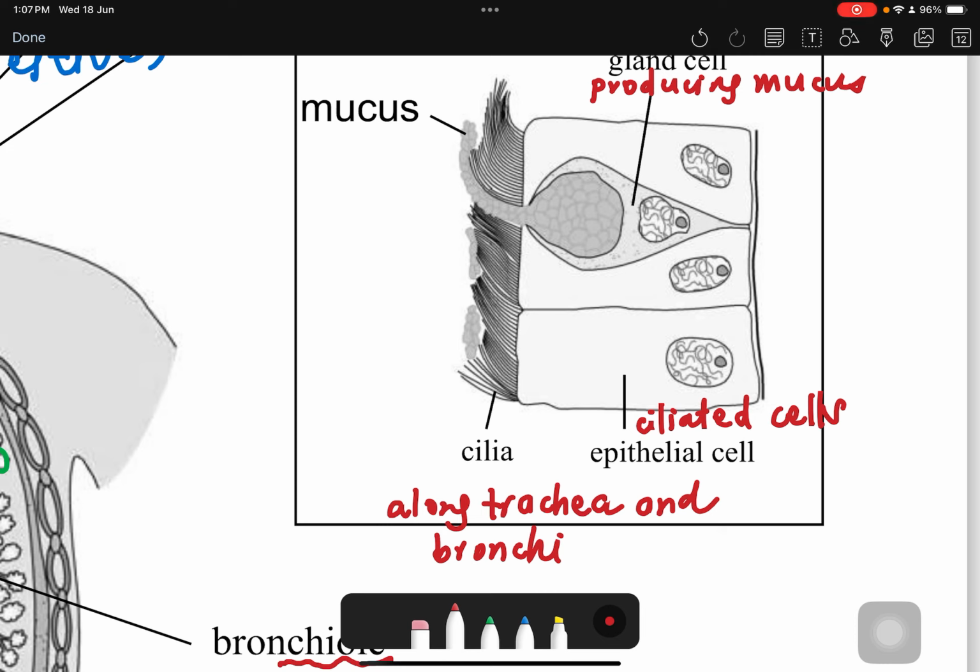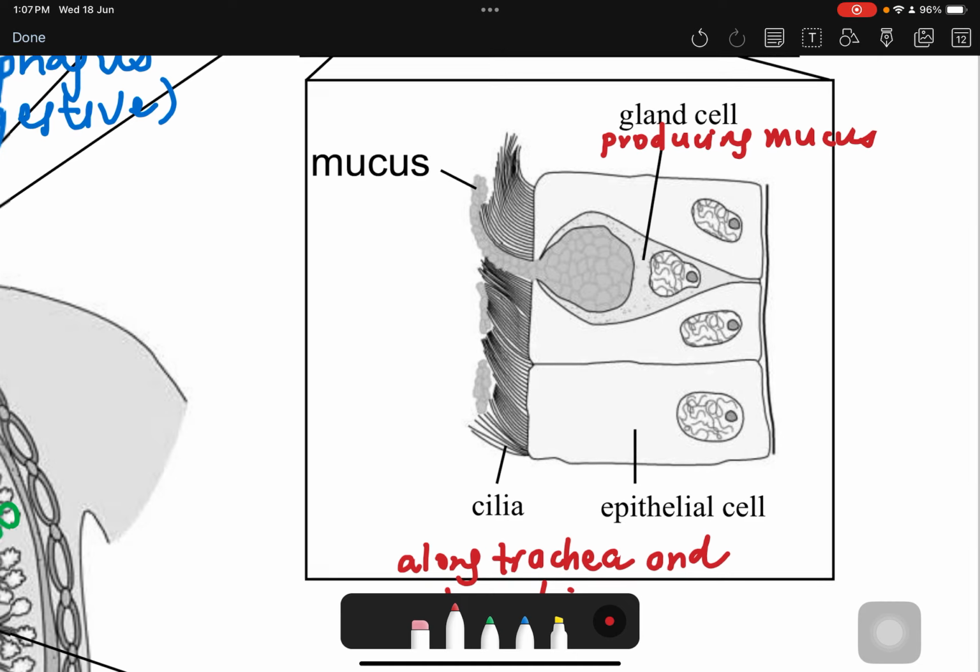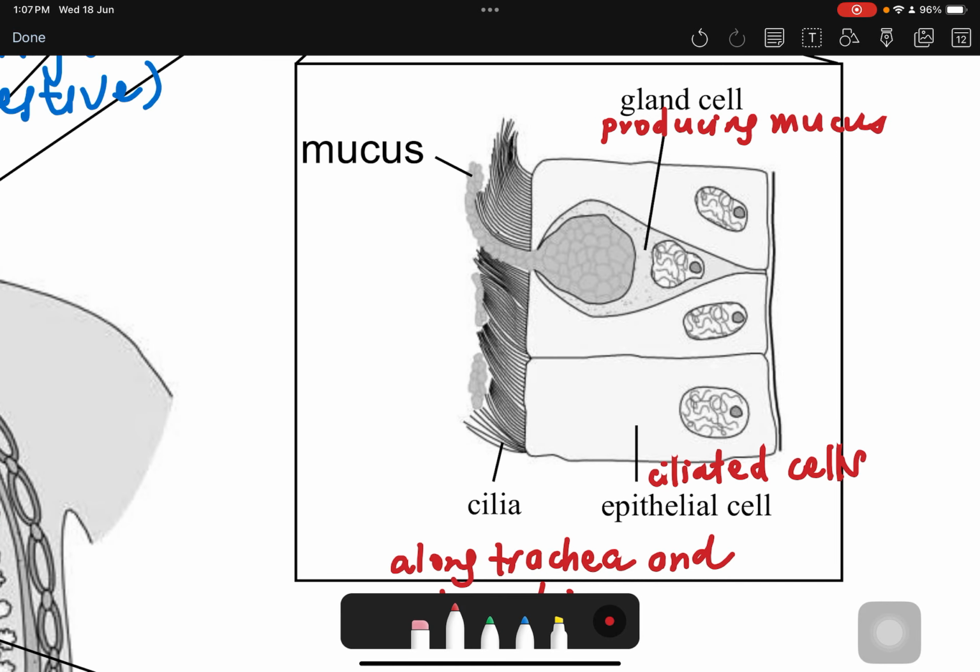So what is the difference between ciliated cells and gland cells? Gland cells only focus on producing mucus, as you can see over here shaded in red.